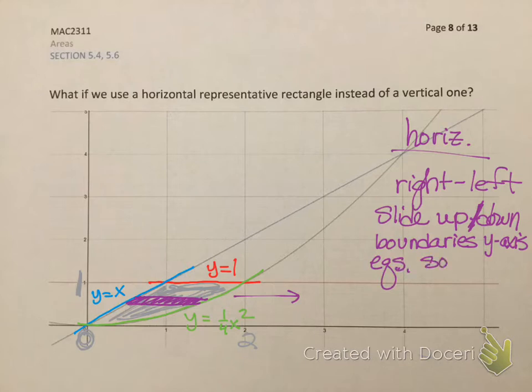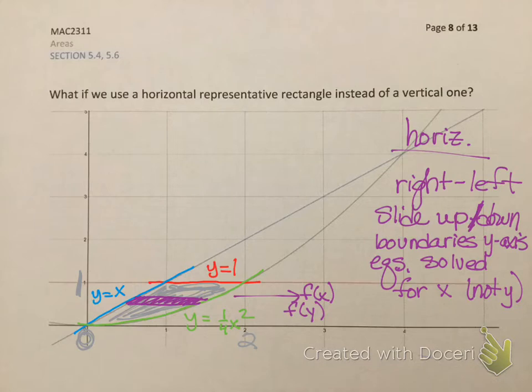My equations need to be solved for x, not y. In other words, this green curve is not f of x. It needs to be f of y. Same for both curves, the green one and the blue one.